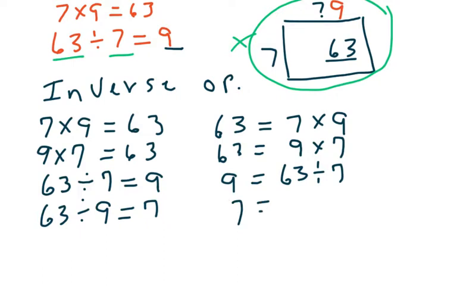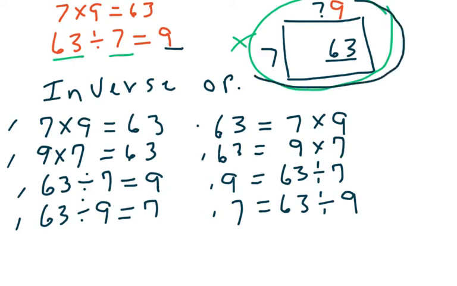Or 7 is 63 divided by 9. So again, just like addition, there are 1, 2, 3, 4, 5, 6, 7, 8 different problems we could build from this model up here of multiplication and division. So this is just like the addition and subtraction, except this is the multiplication and division, because they're inverse operations.